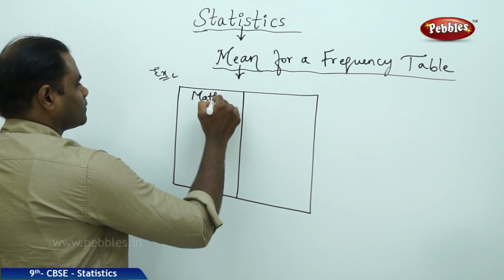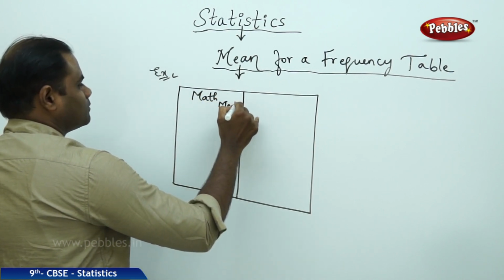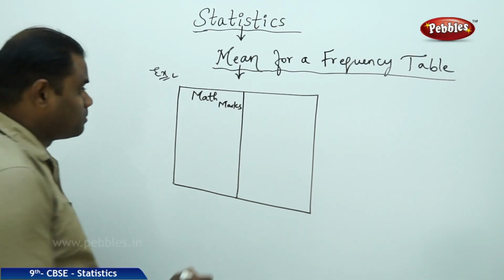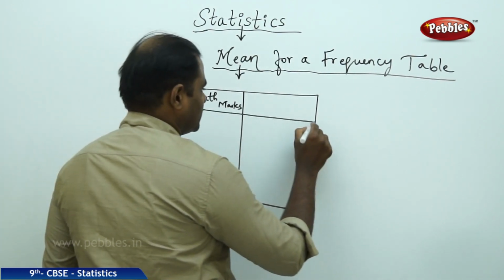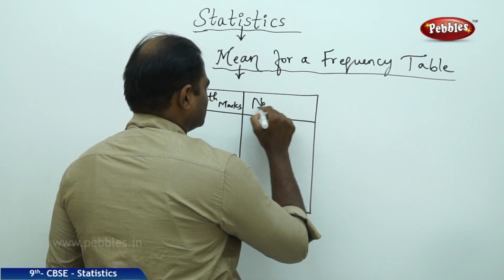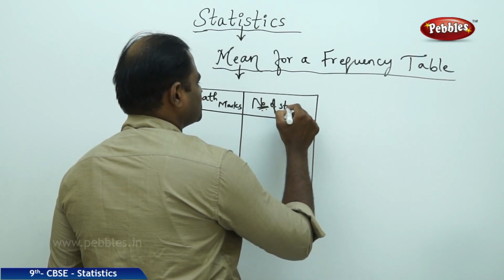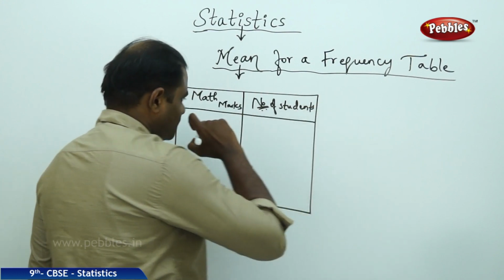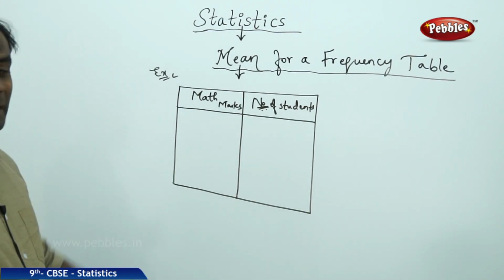where I have the first column with mathematics marks as obtained in an exam, and the second column is the number of students who have achieved these marks.